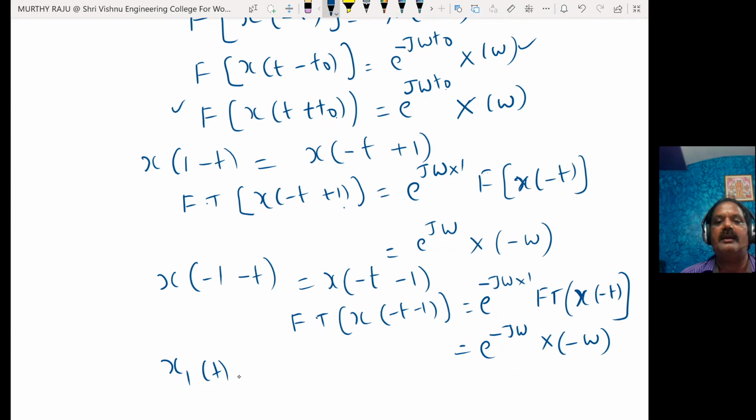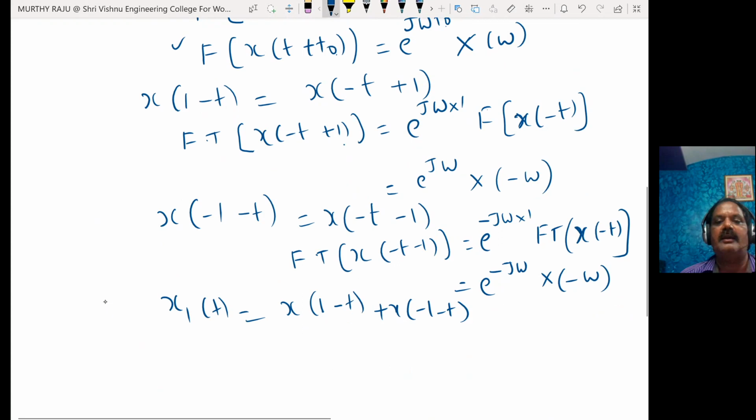Now x1 of t is equal to x of 1 minus t plus x of minus 1 minus t. Apply the Fourier transform.